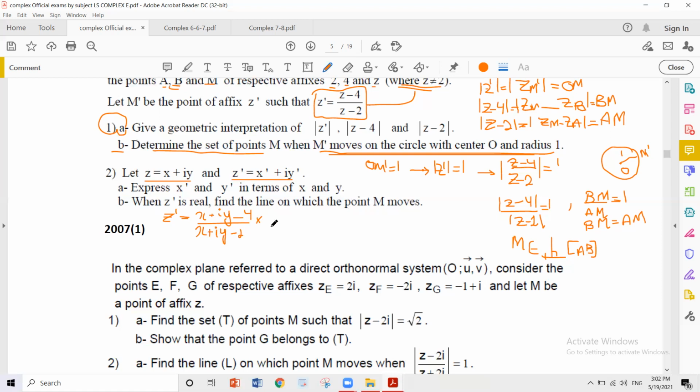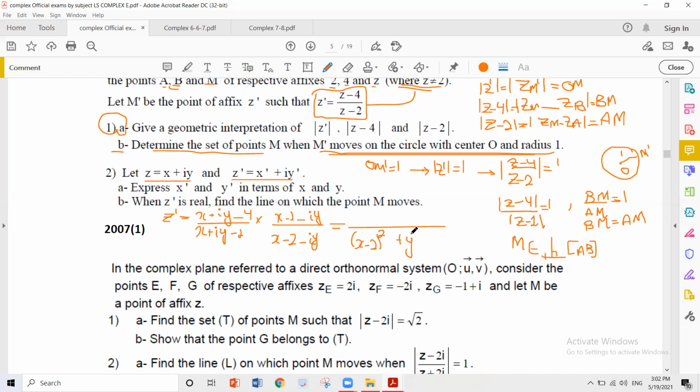We expand the denominator: x minus 2 squared plus y squared.